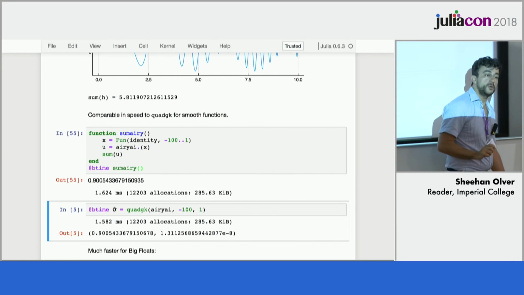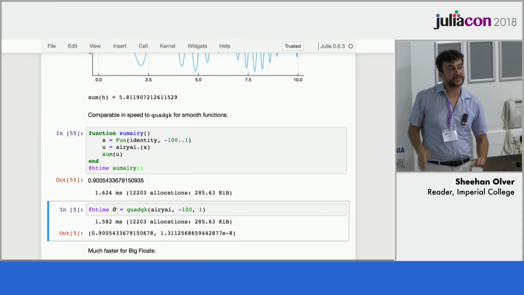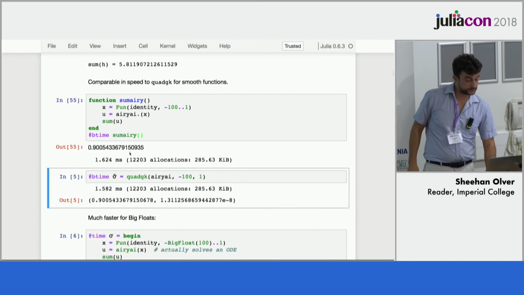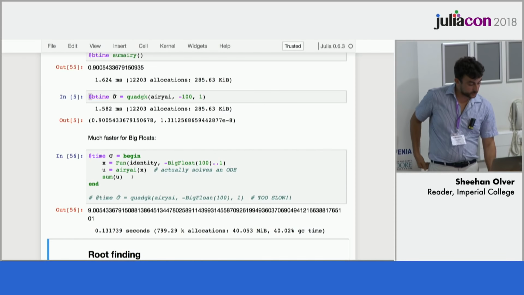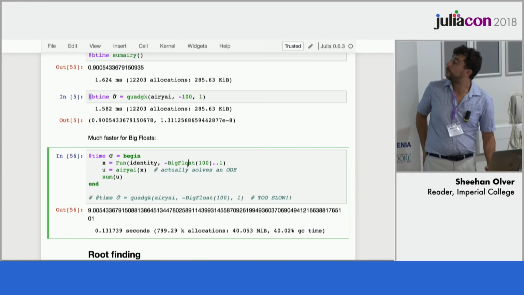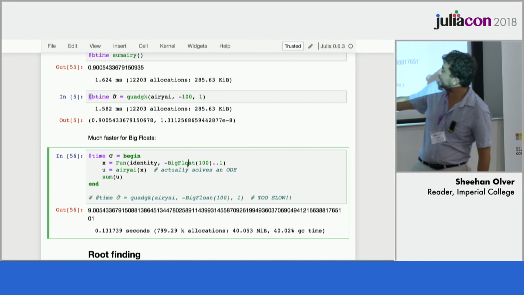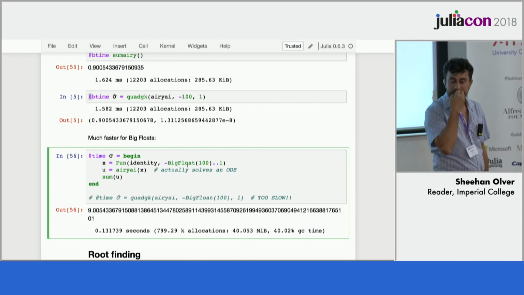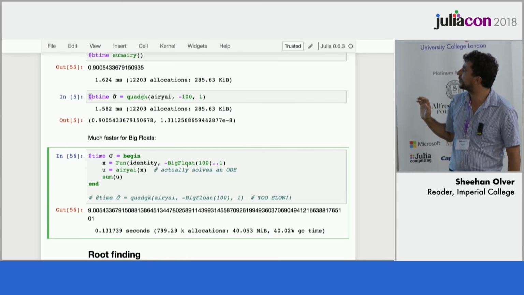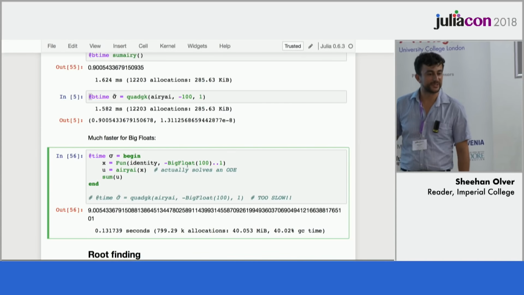So for a smooth function, we're not giving much up by doing things more generally; we're actually competing against the traditional packages. Even more, because it's done in Julia, we can also use big floats. Here is an integral of some function calculated with big floats in a fraction of a second. I wanted to do a comparison with quadgk, but I got bored waiting after maybe a minute or so.